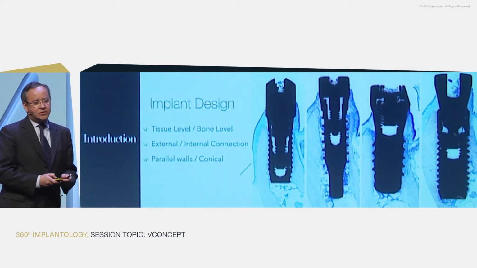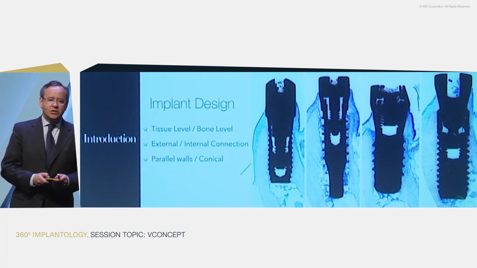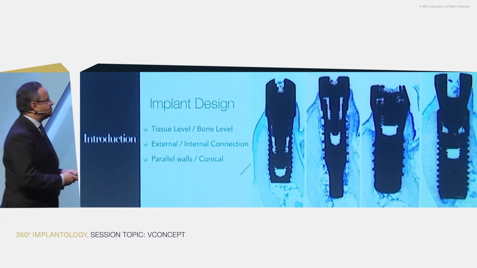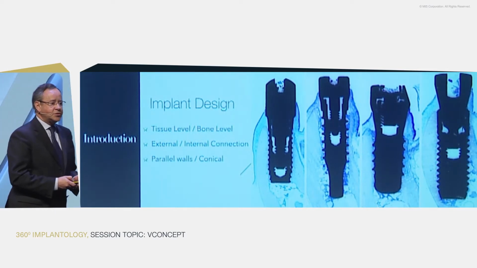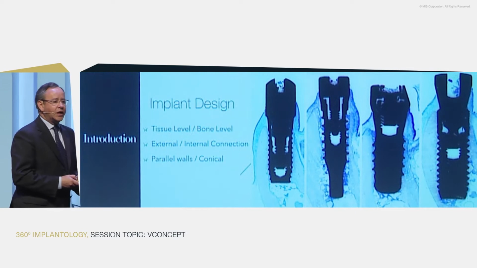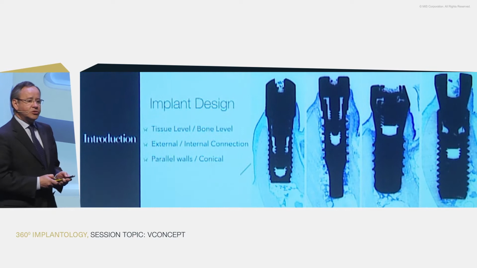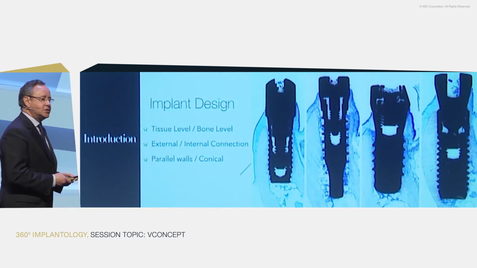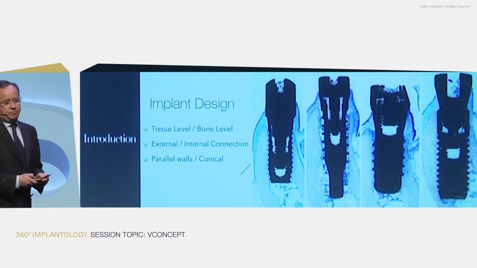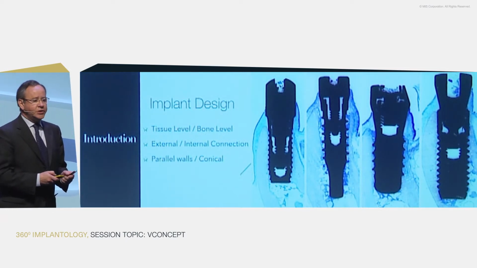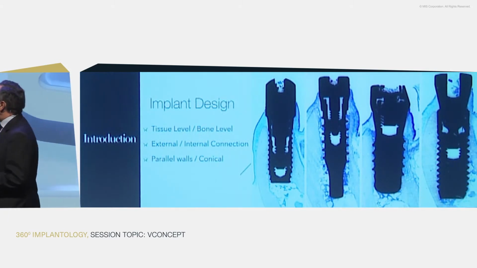And we have lived in these 20 years important concepts as the differences between a tissue level or a bone level implant, the difference between external and internal connection, the difference between parallel walls or conical implants. And we have studied, of course, the histology around these different designs. But so far, the differences have been minimal in terms of how tissues surround these different implant designs.